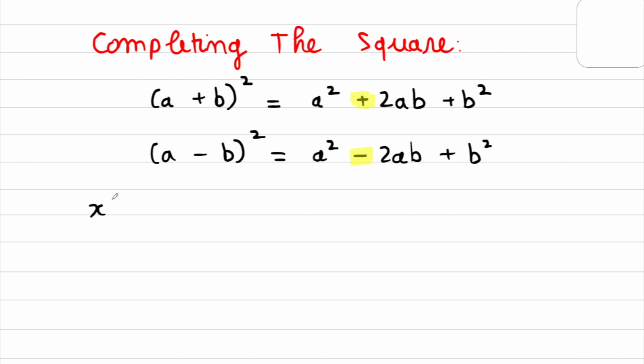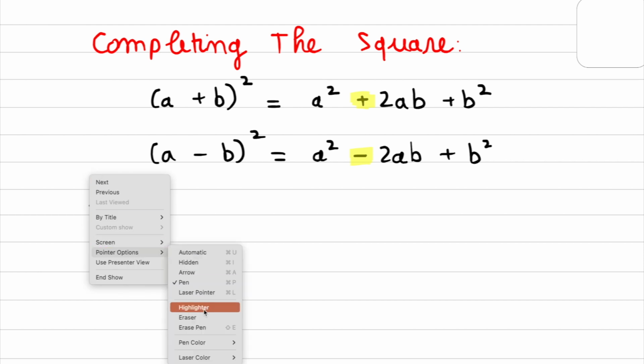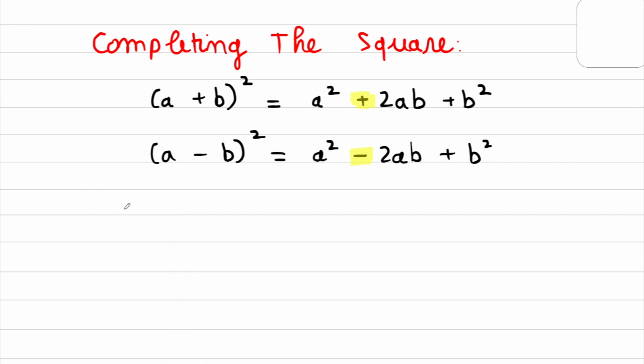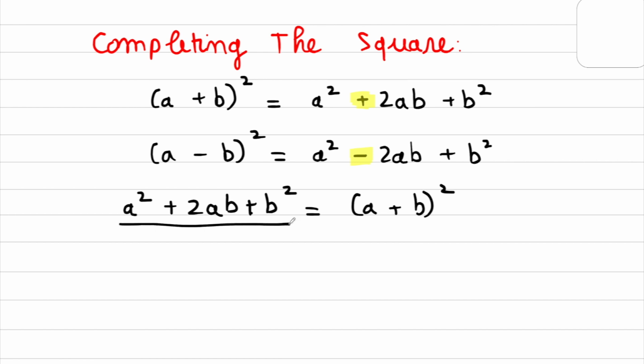For example, I will write this formula the inverse way: a squared plus 2ab plus b squared equals (a plus b) squared. You can see that the square of the sum (a plus b) squared is on the right hand side, and the expression with three terms is on the left hand side.